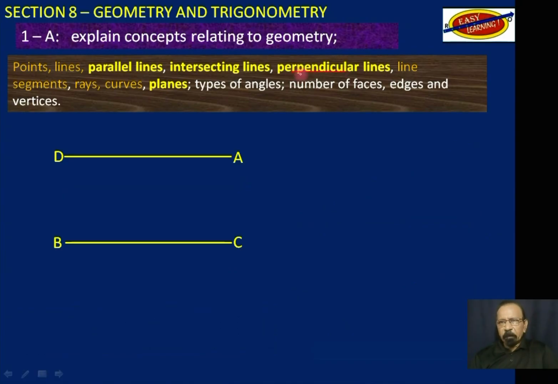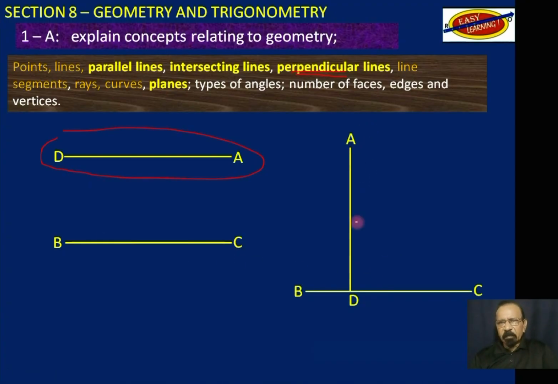Now let's talk about perpendicular lines. Let's consider these two lines and let's adjust that one above there so it is standing upright and touching BC. So we get something like this.